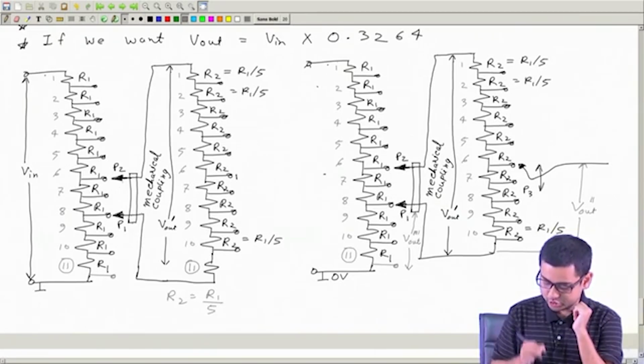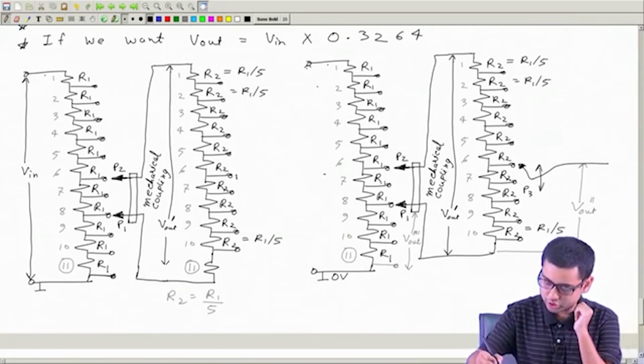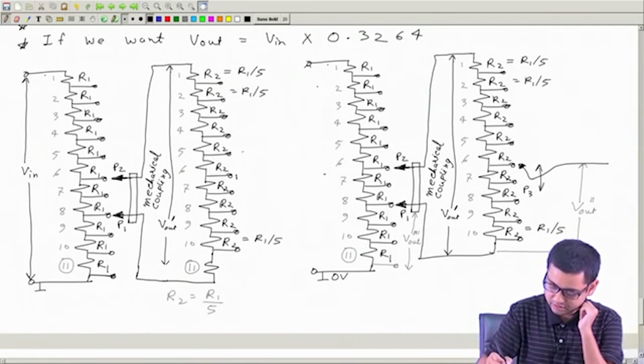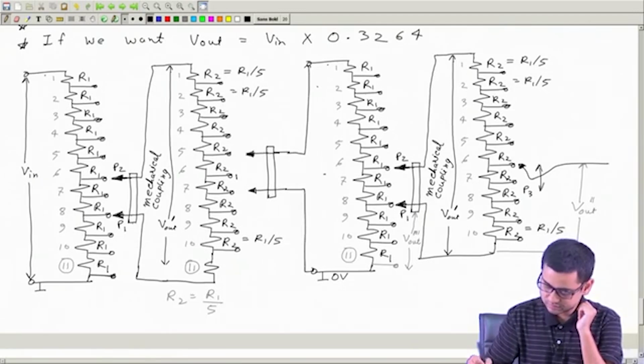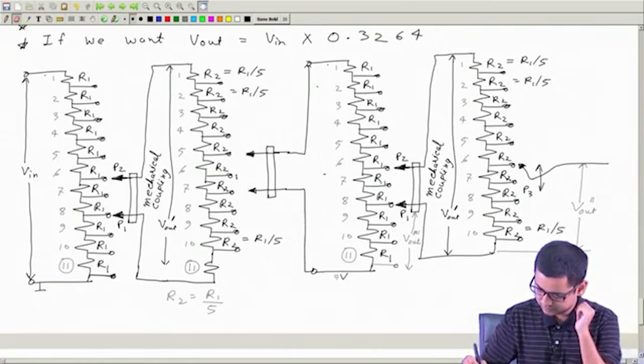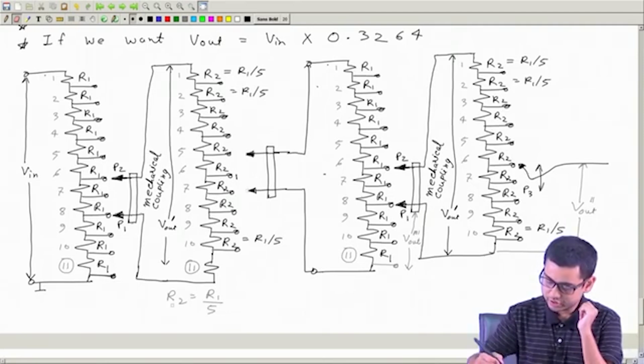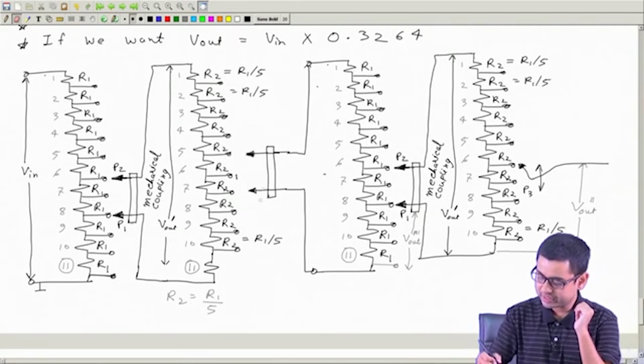And these two are mechanically coupled together, so they move together. Here also, in the third stage, we will have a mechanically coupled arrangement. So these two pointers move together. You can move these two together, you cannot move them alone.